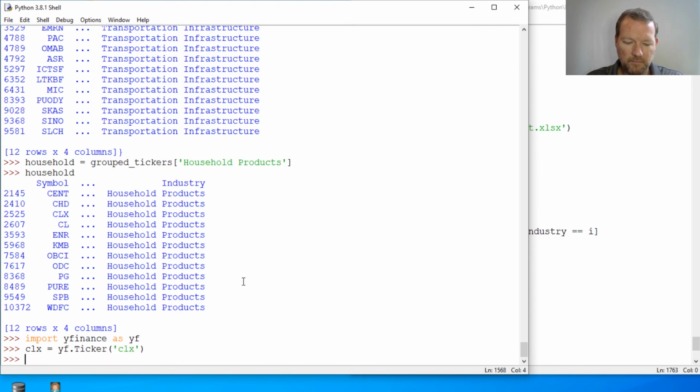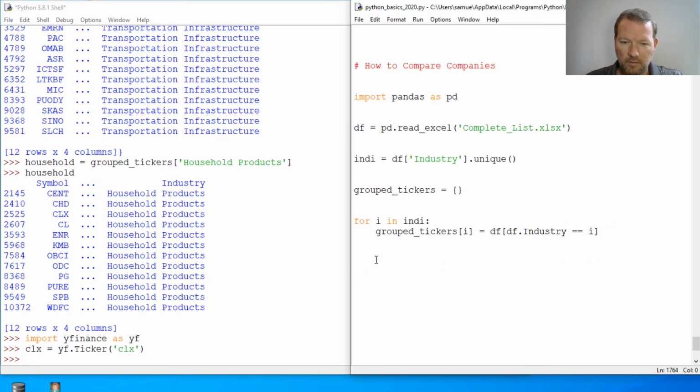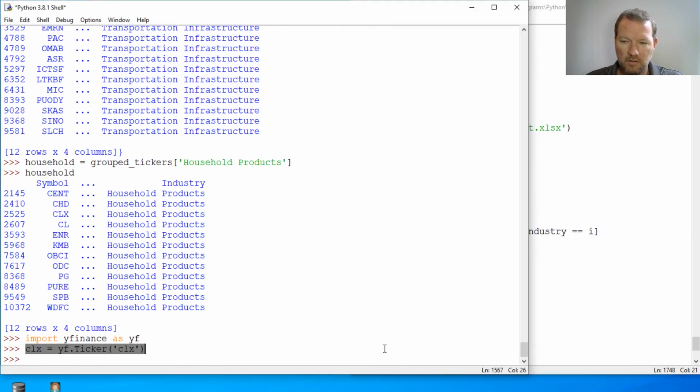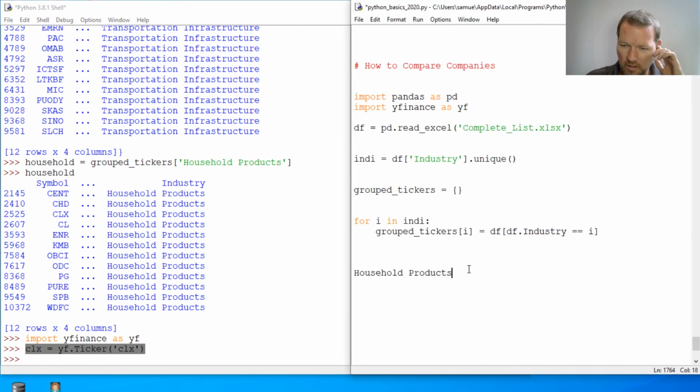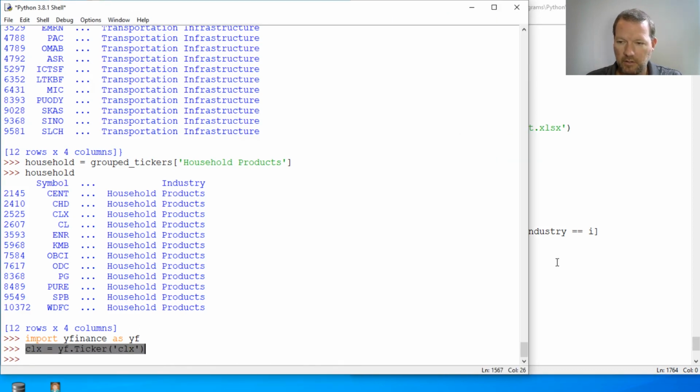So then CLX, let's get this all in here. Forgot a step. Import yfinance as yf. Then bring this in, and because we're going to sort this so you can look at it, we're going to go back and look at our info.